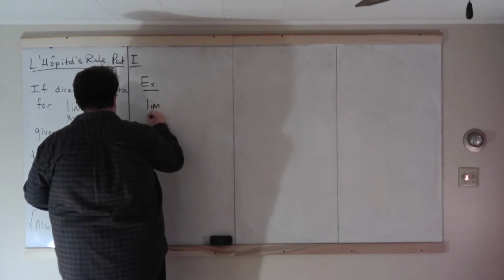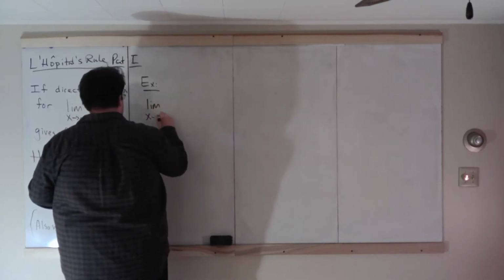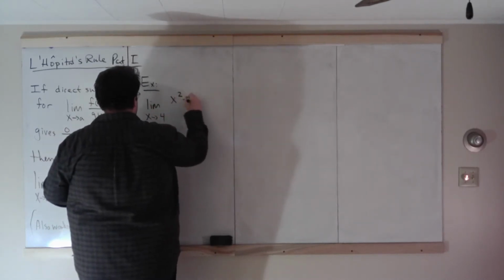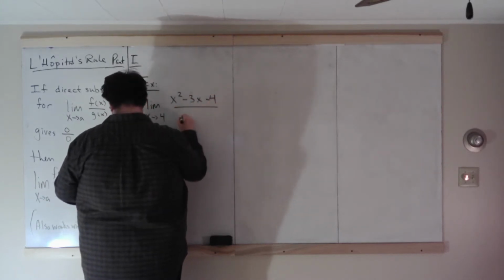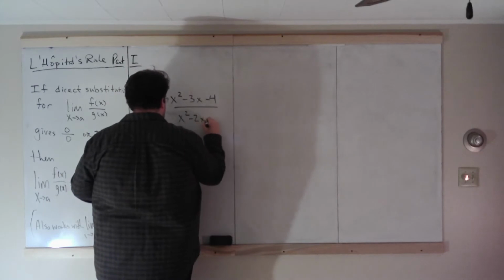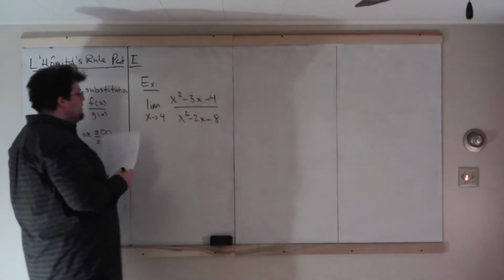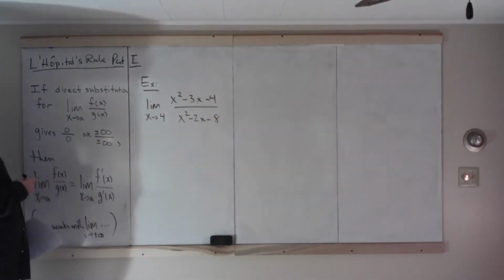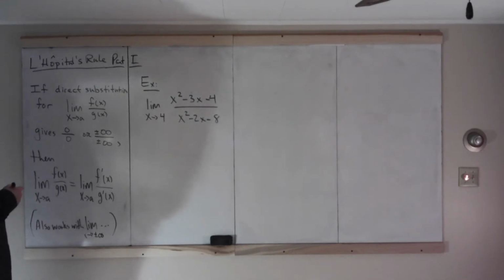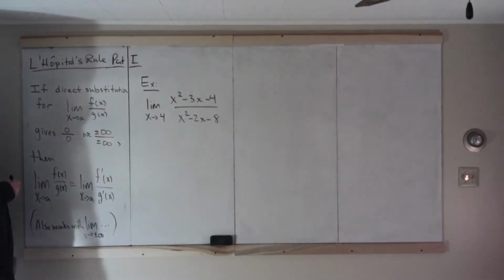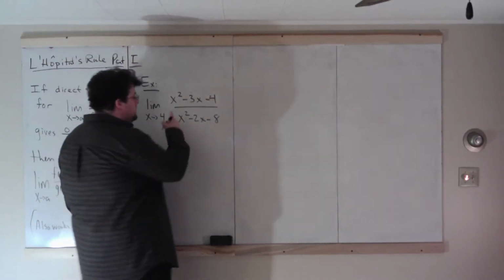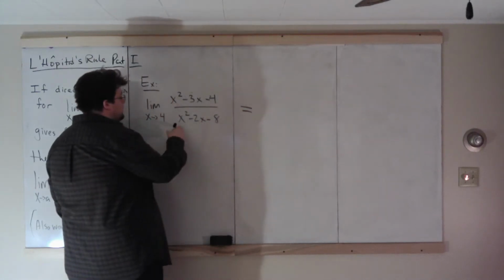Example. Compute this limit: limit as x approaches 4 of x squared minus 3x minus 4 over x squared minus 2x minus 8. I'll also show how I would like you to notate that you're using L'Hopital's rule. Here a direct substitution gives 0 over 0: 16 minus 12 minus 4 over 16 minus 8 minus 8.